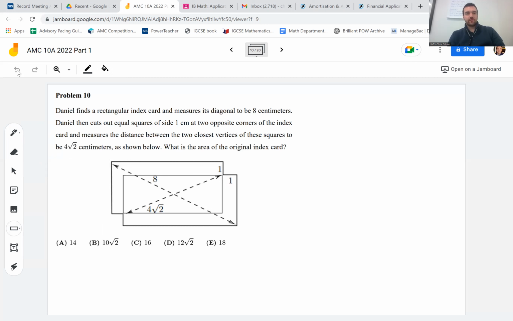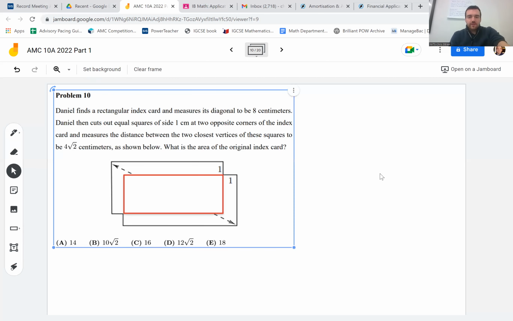Sorry, I wanted to make that a different color. Let's make it red.